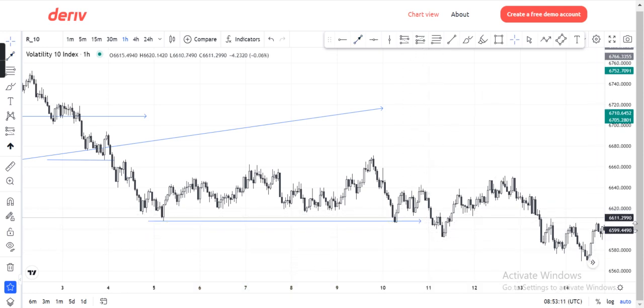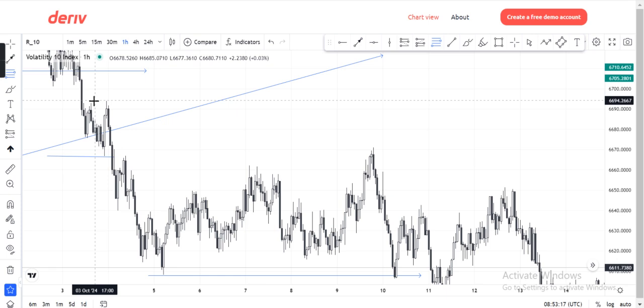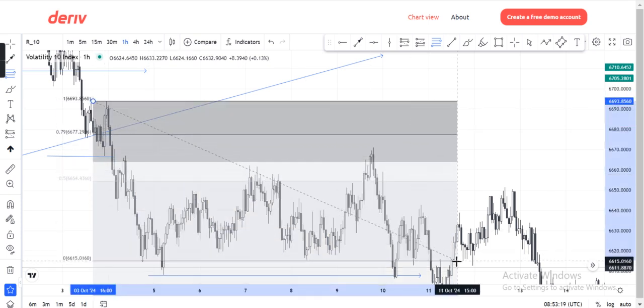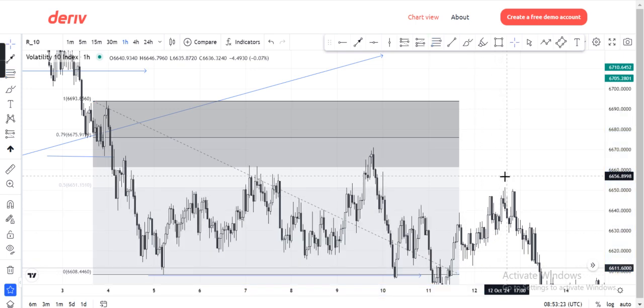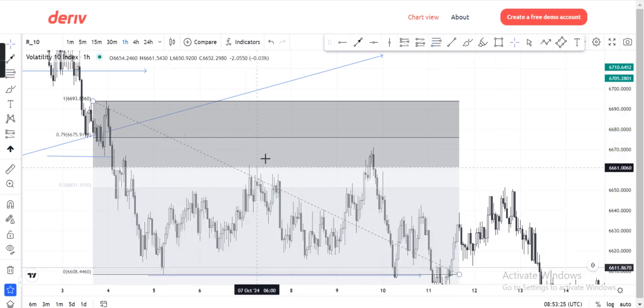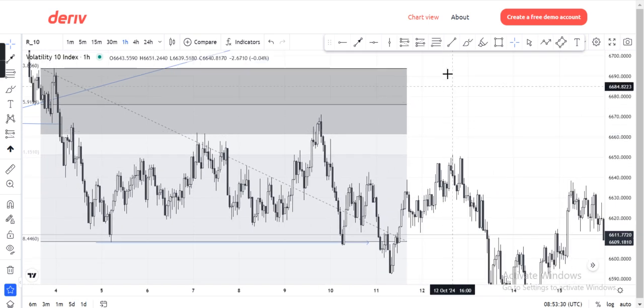Now when we mark the low, we can clearly see that when we pick our Fibonacci and draw it down to the low which was created, the market made its retracement into the 0.618 level, and this was the entry here.